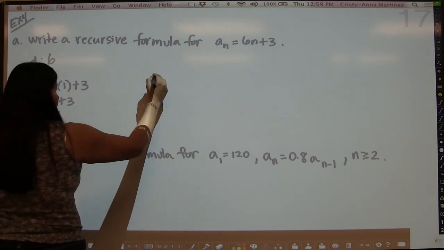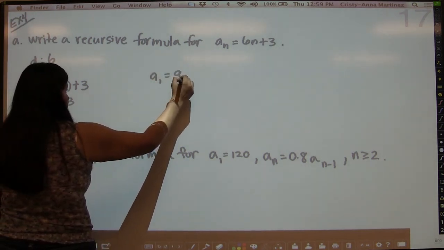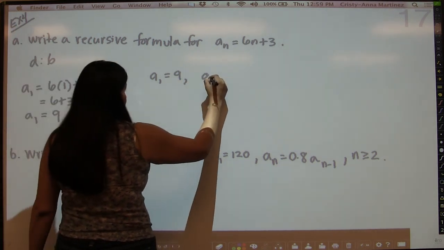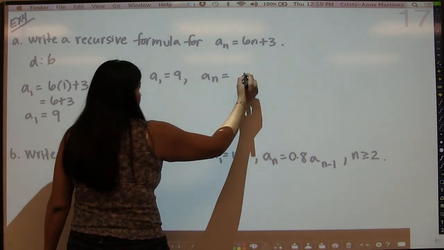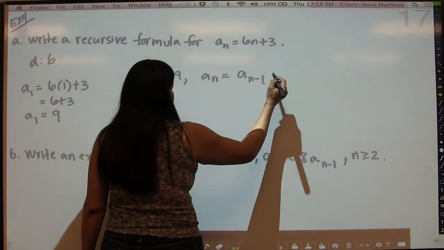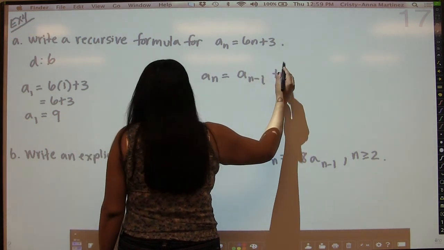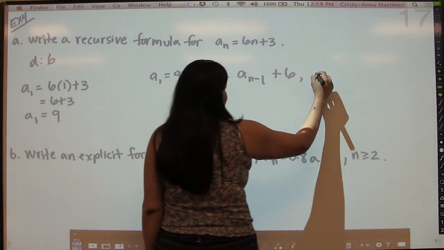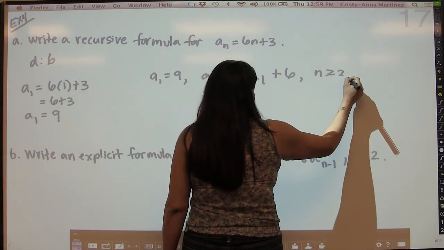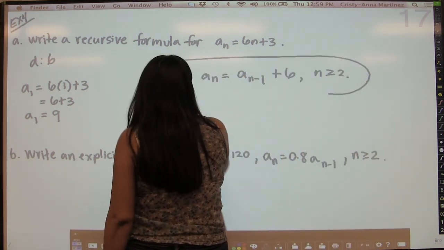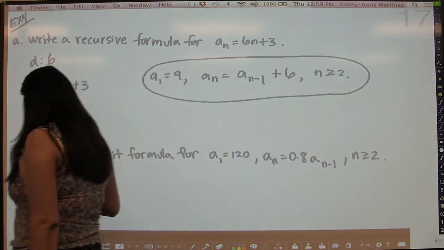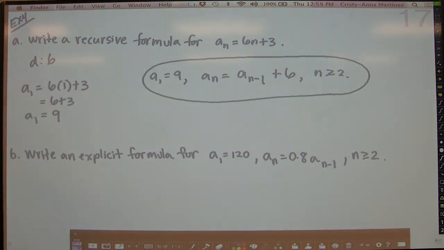So our formula would be a sub 1 equals 9, and then a sub n is equal to a sub n minus 1 plus the common difference, which is 6. And of course, we state that n has to be greater than or equal to 2. So this would be our recursive formula for part A.